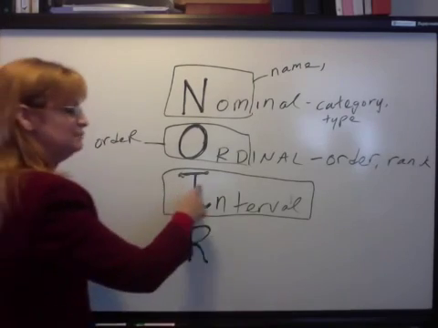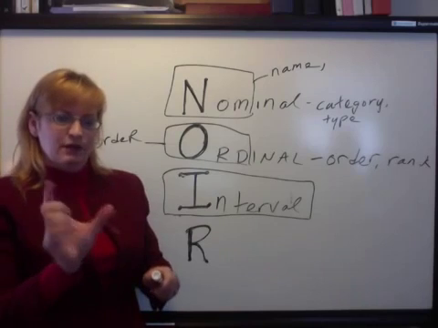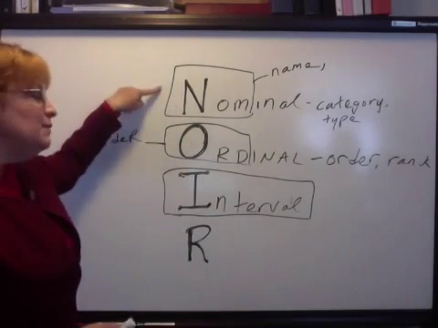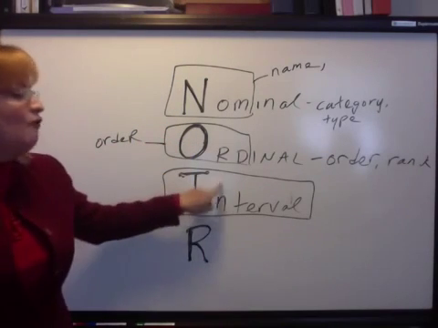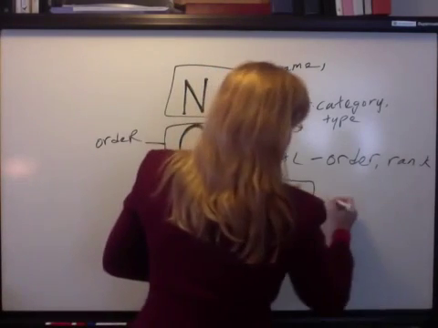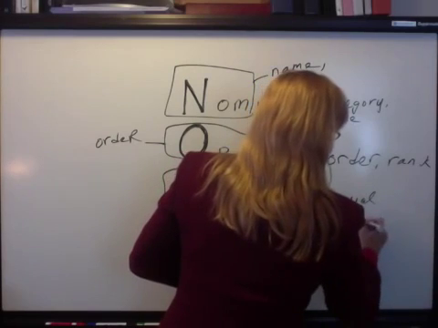The distances in between items are meaningful and equal. So with an interval scale, you're not only naming and giving order to your data, you know what's higher than what. You also know how far apart things are from each other. Okay, so it's equal distances between scores.